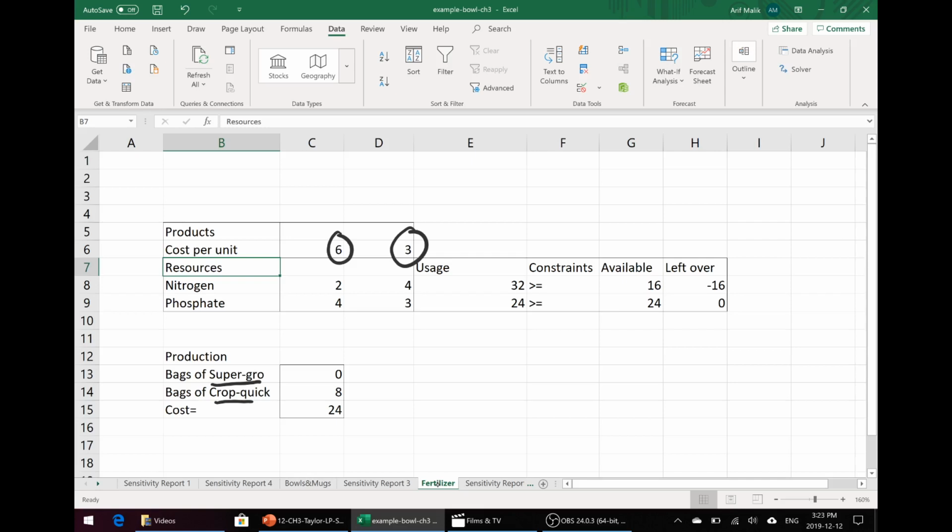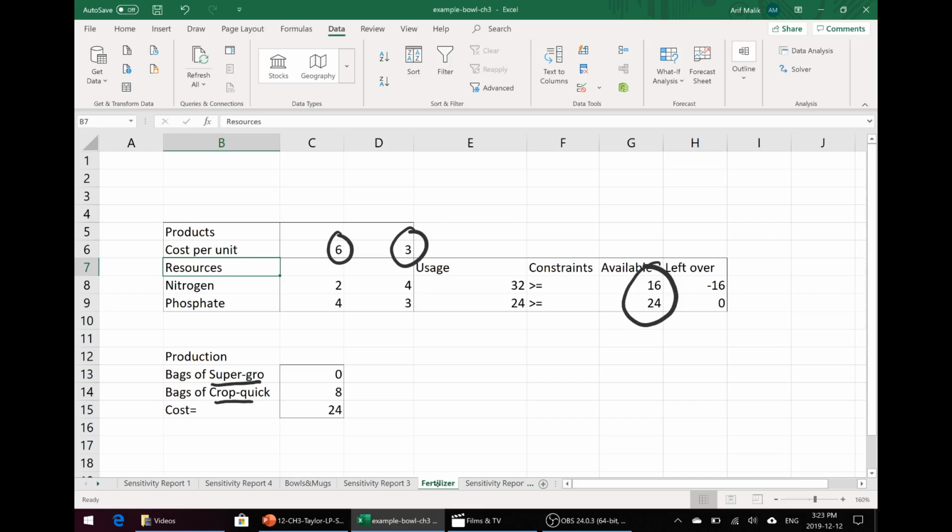fertilizers. We want 2 nutrients, nitrogen and phosphate, and the requirement for the land was 16 pounds of nitrogen and 24 pounds of phosphate.